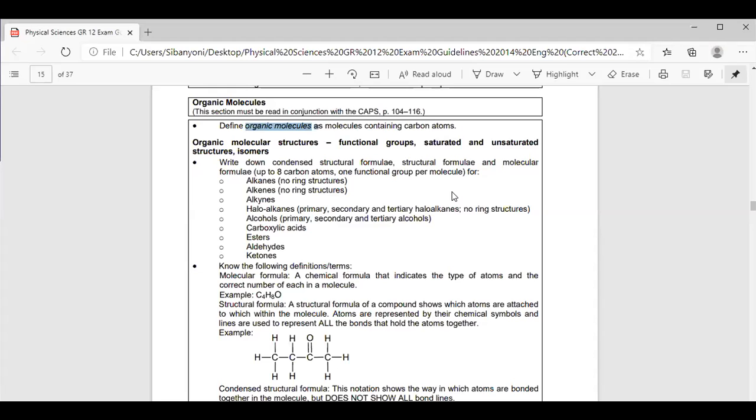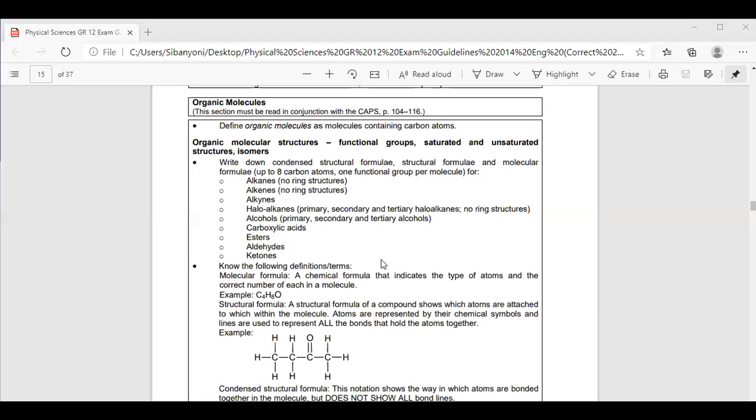And we know that organic molecules, they are molecules that contain carbon atoms. So you need to know this particular definition. They are molecules containing carbon atoms. So you need to know that definition and you will get it from the examination guidelines.